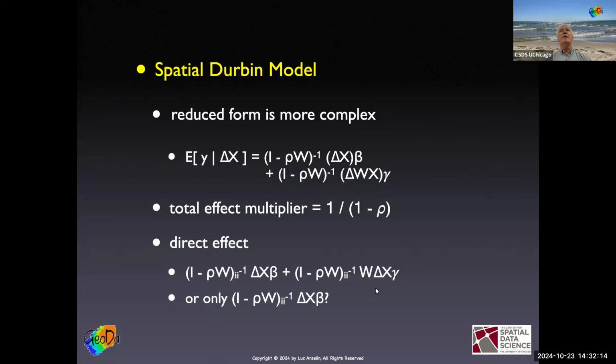And I personally think that gets very confusing because in the SLX model, we call Wx an indirect effect. And so in the spatial lag model, we call it an indirect effect. Here in some literature, it's also called direct effect.